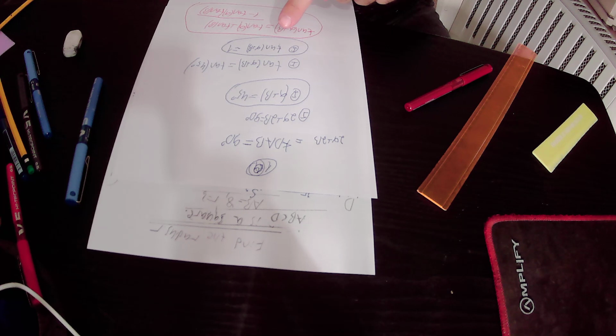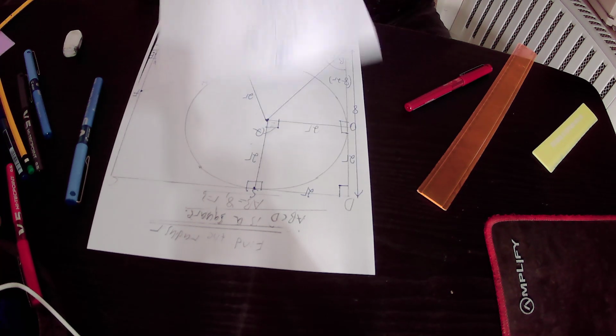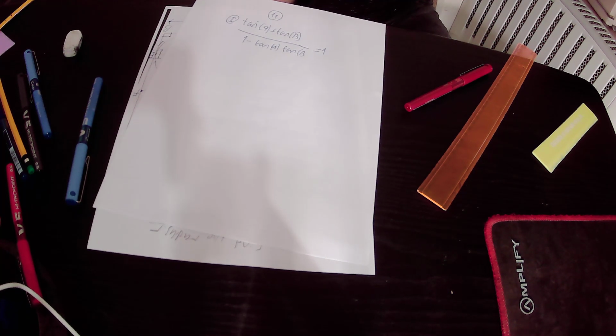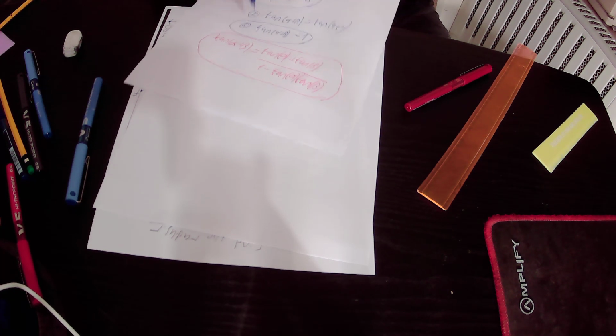And according to equation number 1, tangent alpha plus beta equals 1. So we got this expression after we substituted tangent alpha plus beta by this expression that equals tangent alpha plus beta according to this trigonometric identity.